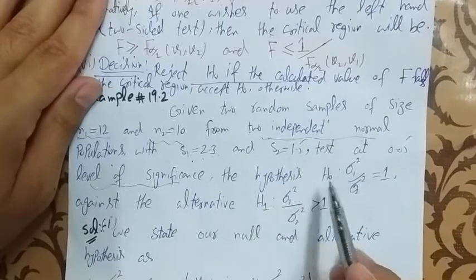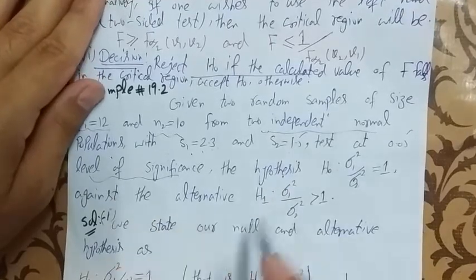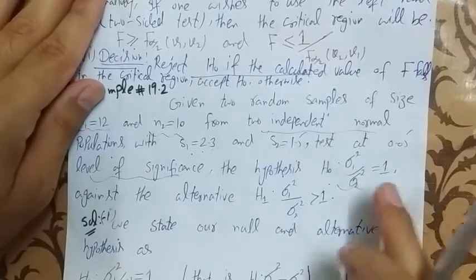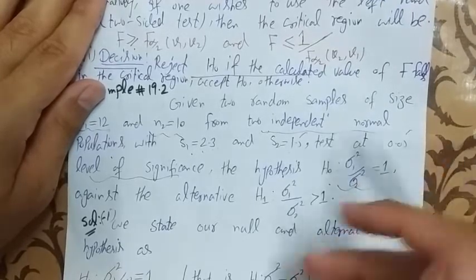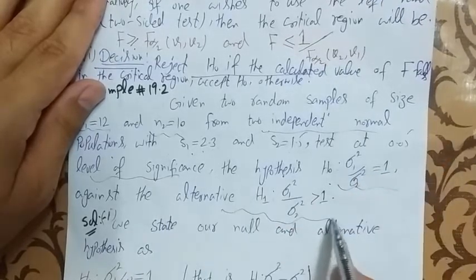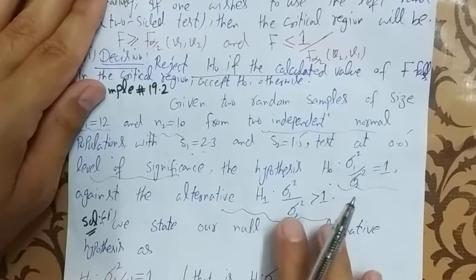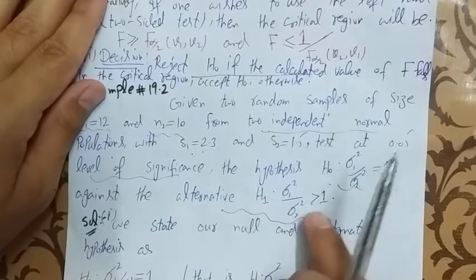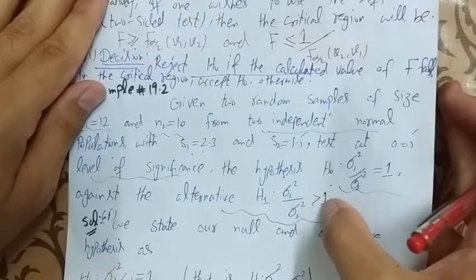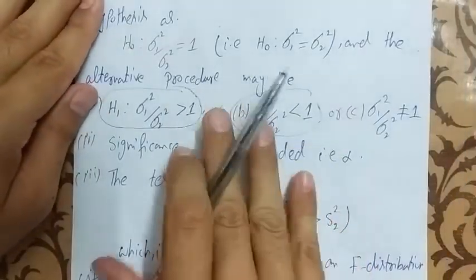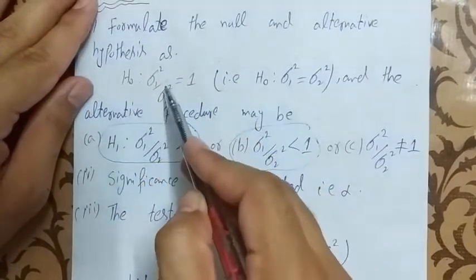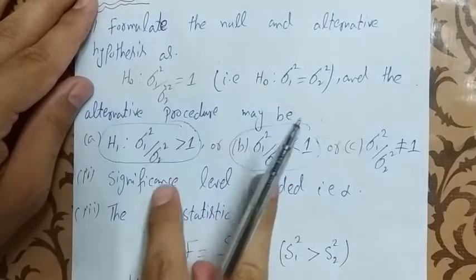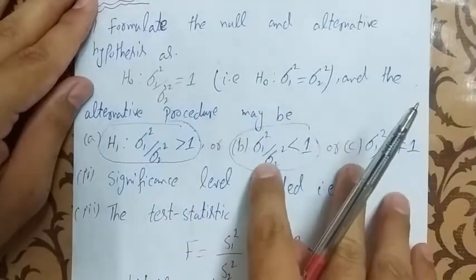The hypotheses are given in this problem. The null hypothesis H naught is taken, against the alternative hypothesis that is also provided in this question. In the procedure, against this null hypothesis there are three alternative hypotheses.